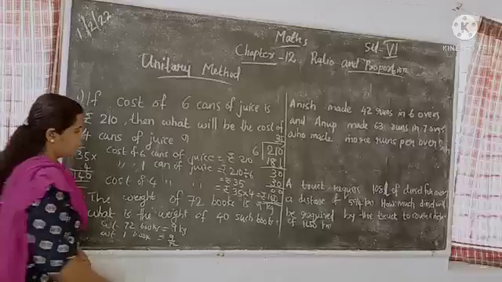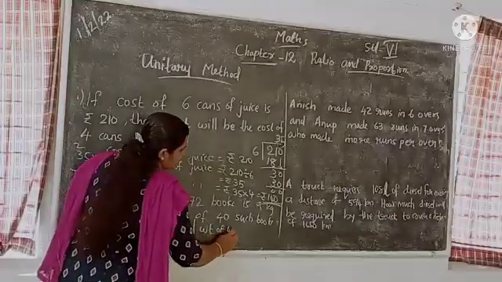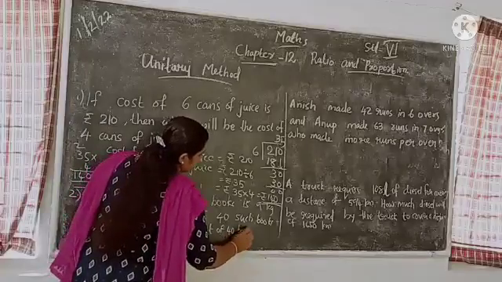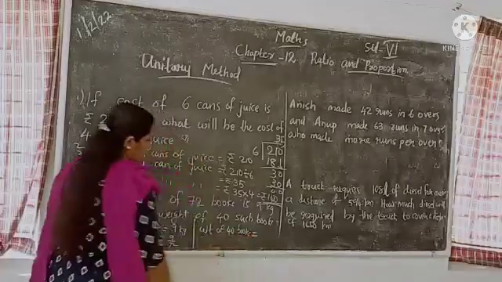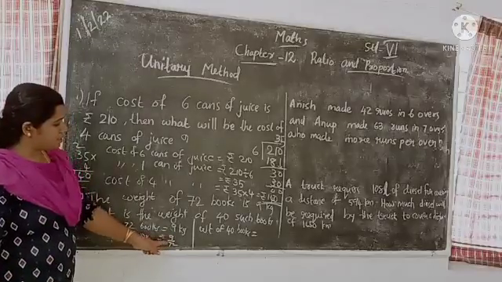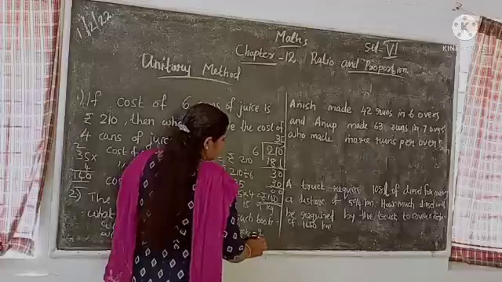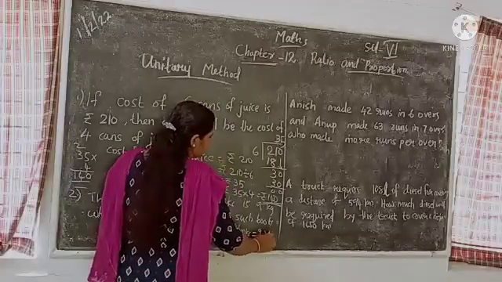Then weight of 40 books is equal to, you did not simplify this 9 by 72. Weight of 40 books is 9 by 72 into 40.